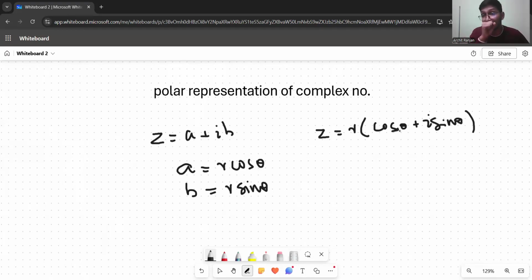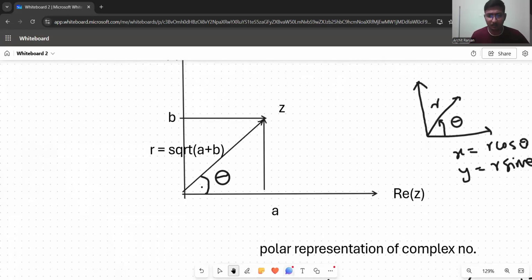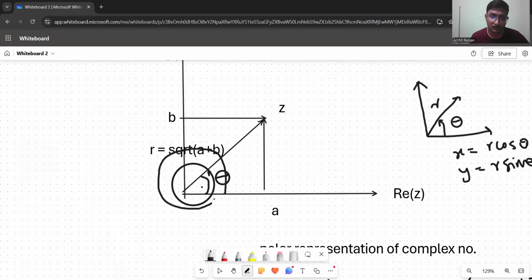Okay, now once we see theta, what we want to see here is what theta should we take? Theta is there, but what if we turn around and come again? This again is theta, right? The cos theta value won't change if we take a whole circle, or if we take another circle.